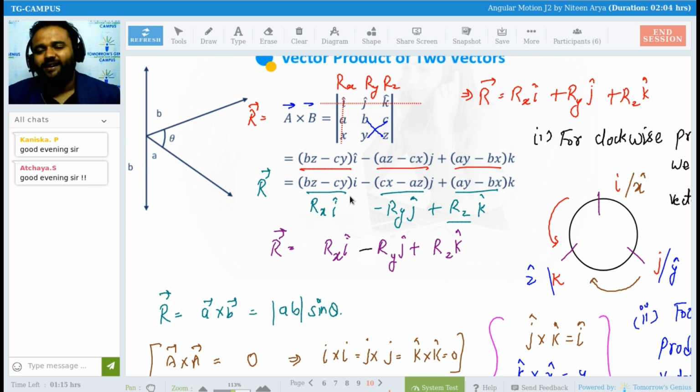So what I am saying, in finding A cross B in determinant form, if you get an x component in the rx vector, or a y component in the ry vector, or a z component in the rz vector, or any particular component, ax, ay, az, bx, by, bz, meaning you get the same component in the same place, you are doing some calculation mistake.